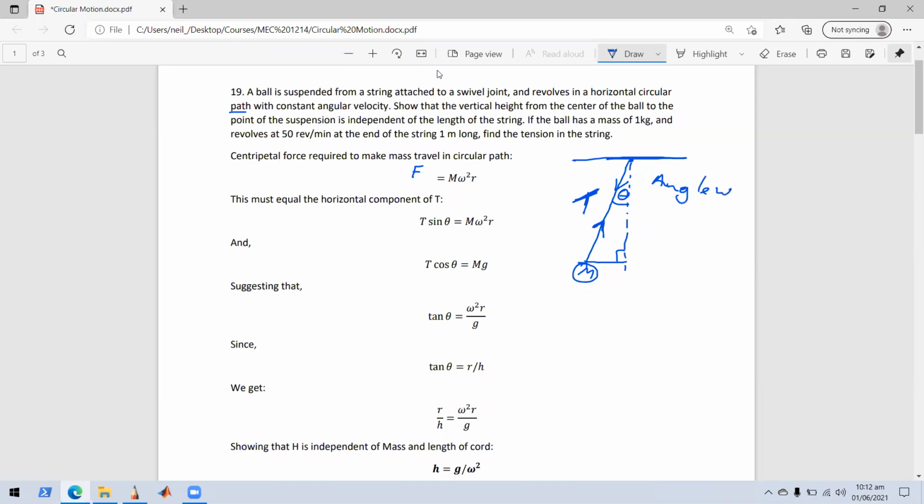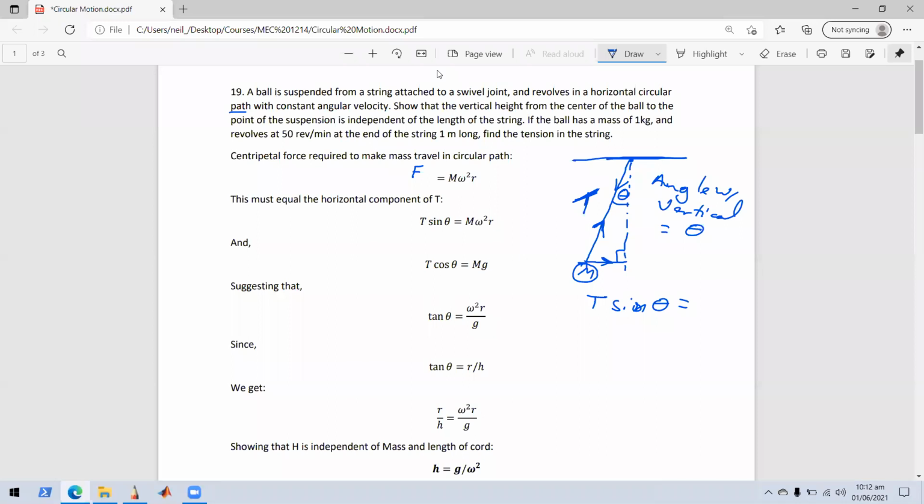Angle with vertical is theta. Now, this horizontal component of T is going to be T sine theta, and that's equal to the centripetal force, the force pulling this object back in.